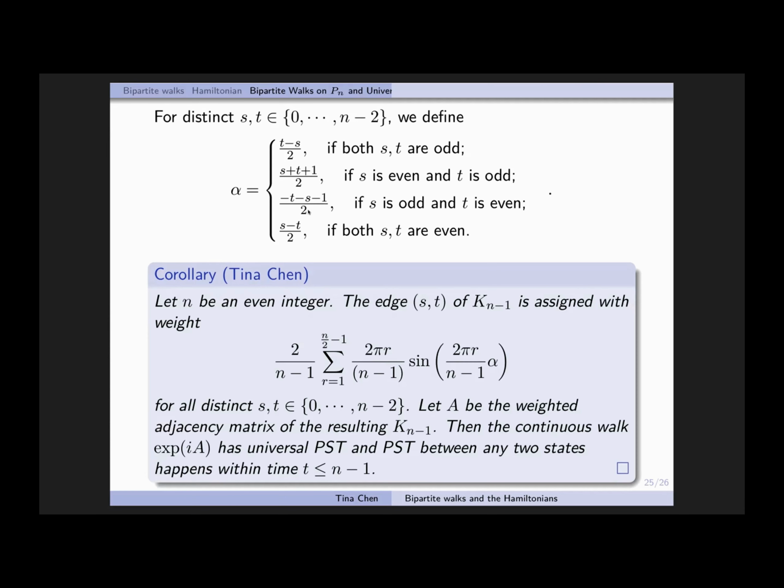Not only do we know that the walk on the oriented Kn-1 will have universal perfect state transfer, we also know, because the transition matrix of the bipartite walk on Pn has order n-1, that the perfect state transfer between any two vertices of that oriented graph will happen within time t, and t will be bounded above by n-1.